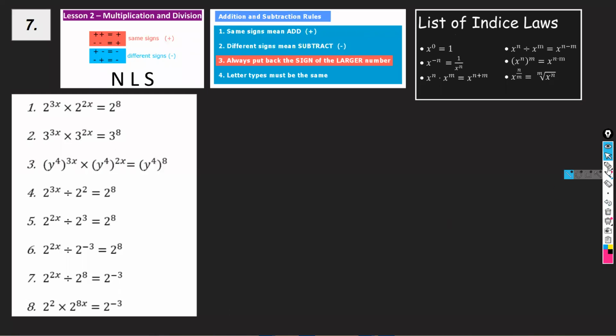How about number 6? Now look at number 6 properly. You might say, hey, number 6 and number 4 are real close. There's barely any difference between number 4 and number 6, right? It has the same types of powers. Instead of 3x it's 2x.